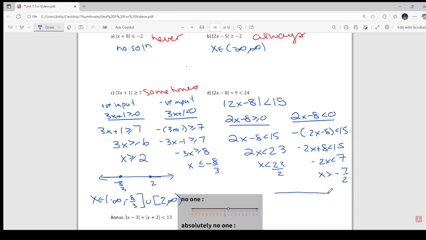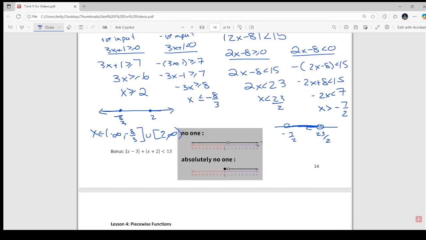So now let's check. I've got all the x's less than 23 over 2, but greater than negative 7 over 2. So this whole interval, I have all the x's in between negative 7 over 2 and 23 over 2.